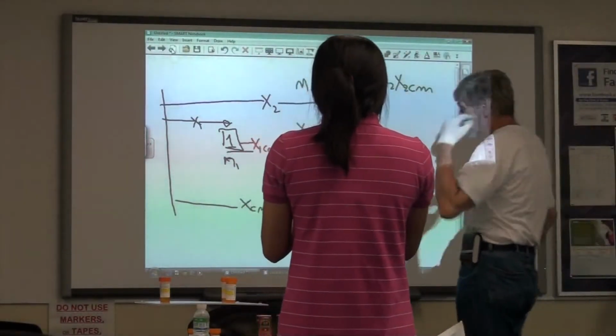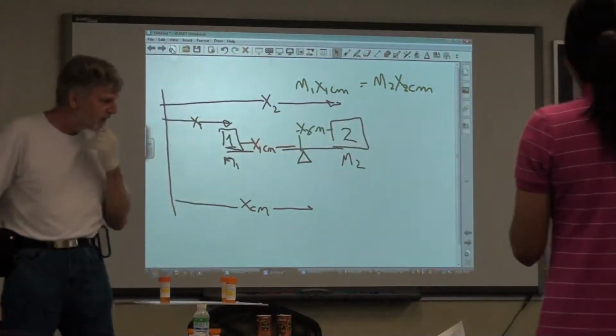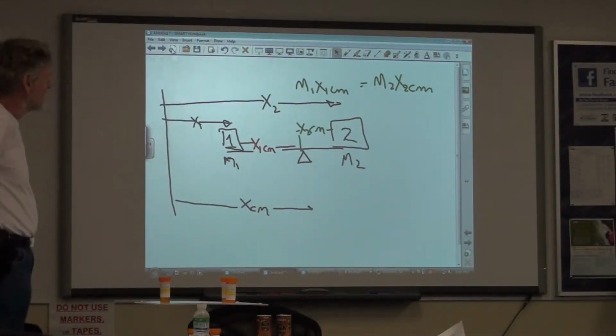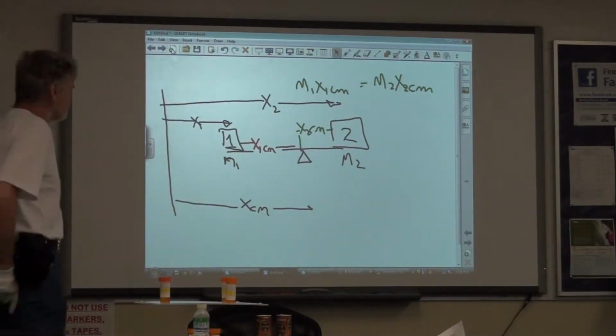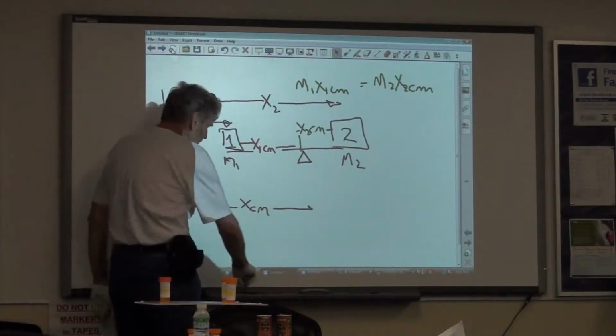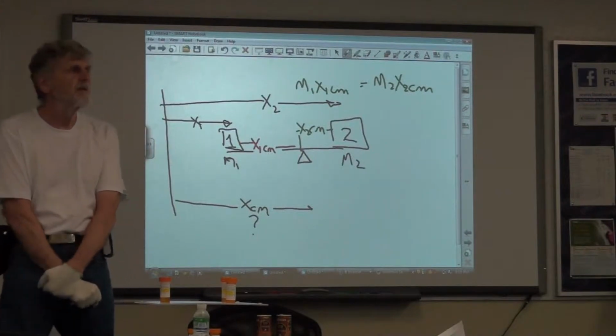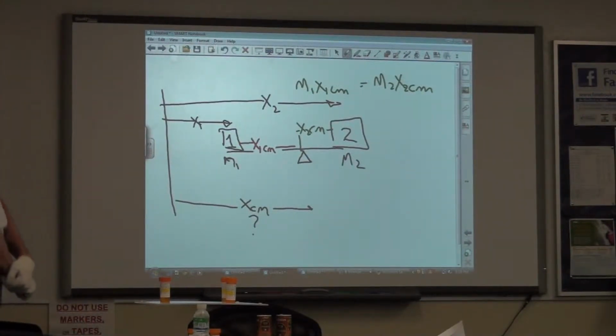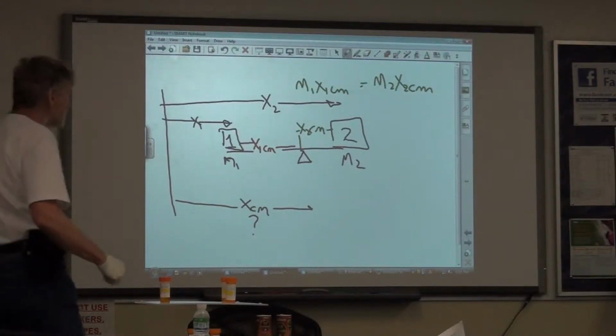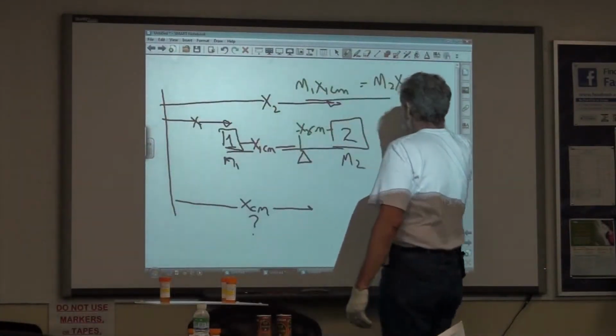Okay, now I want to demonstrate something about one of the problems you're going to be working with. How do you find how far the center of mass is from the axis? How do you calculate how far the center of mass is from the axis? You use this principle right here.